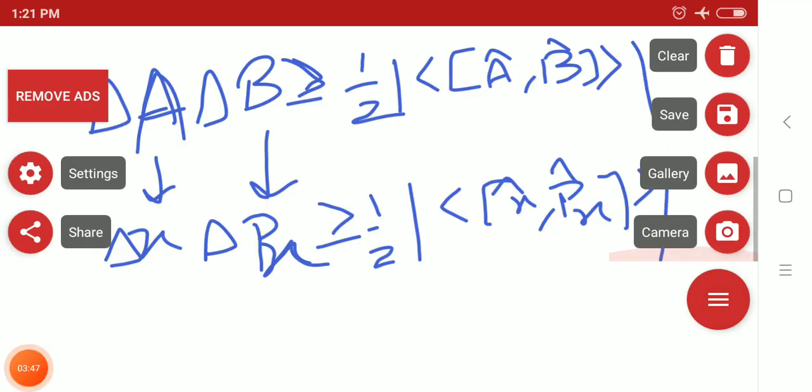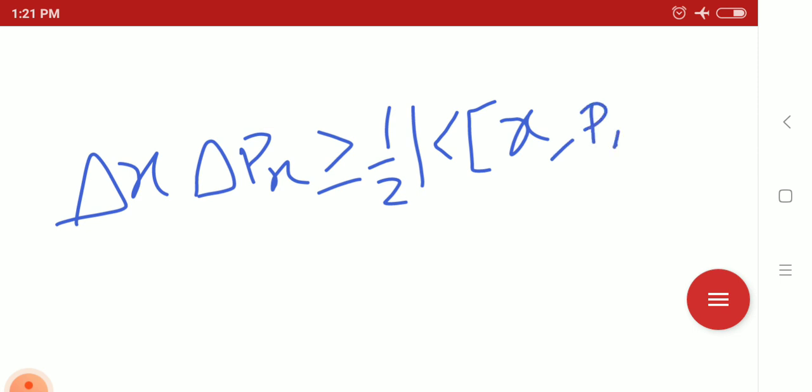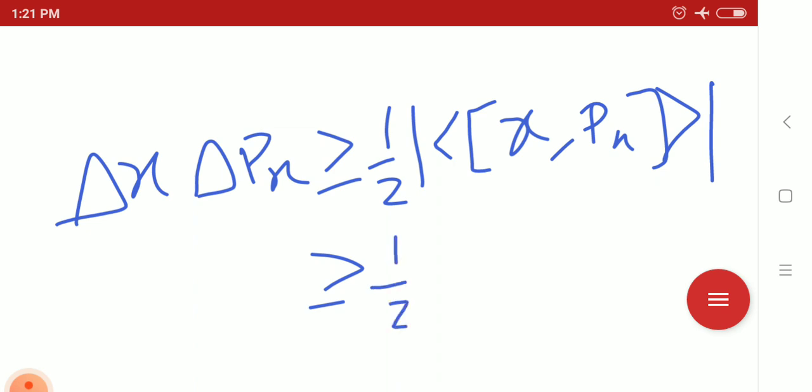So delta X delta Px is greater than or equal to half mod expectation of X comma Px, or we can write half mod of i h cut expectation.